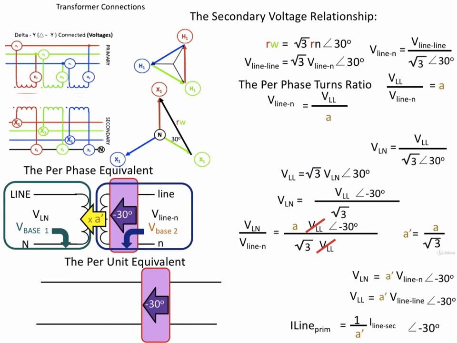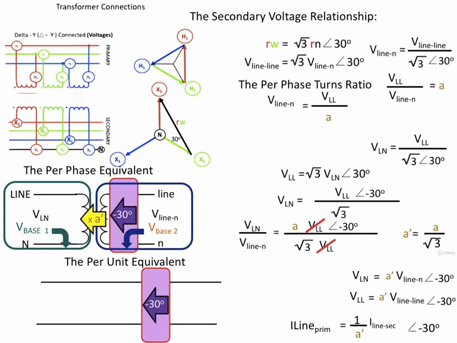This is one of the anomalies that makes working with the per unit transformer equivalent circuit a little bit difficult, because in a delta to Y or a Y to delta transformer, we have to keep track of the phase shift going through the transformer, whereas with a delta to delta or a Y to Y type transformer, you don't have to worry about a phase shift and you wouldn't have to worry about the turns ratio.